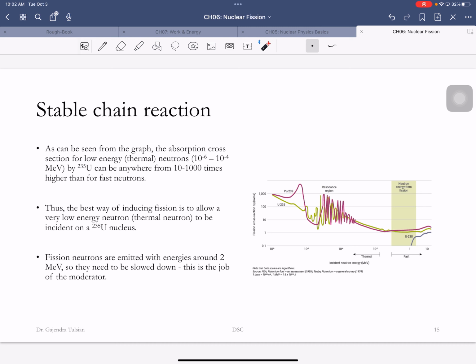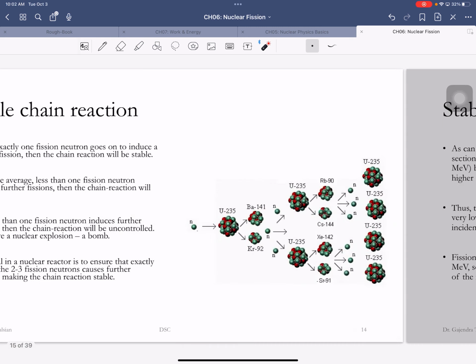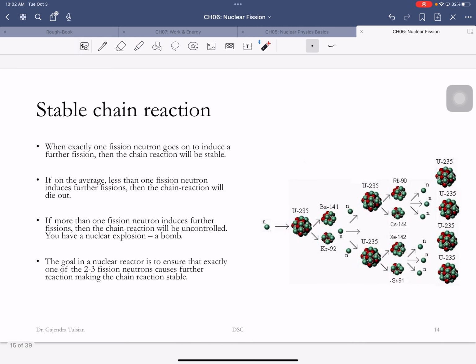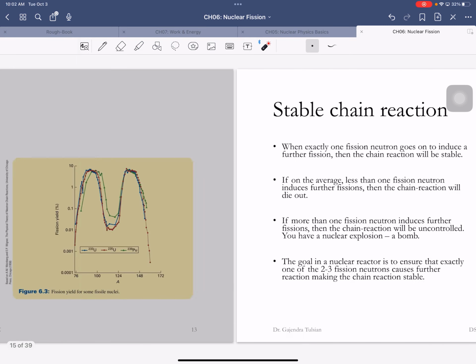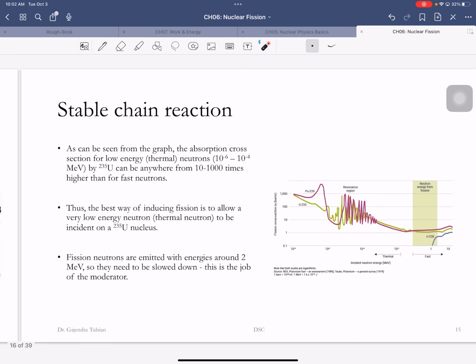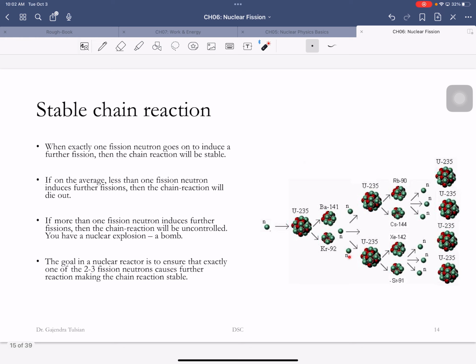All right, so these neutrons that come out, they're fast. Let me give you the speeds. They're coming out at 20,000 kilometers a second, and what you want to slow them down to is about 2 kilometers a second. So the probability of them causing fission here is much higher.